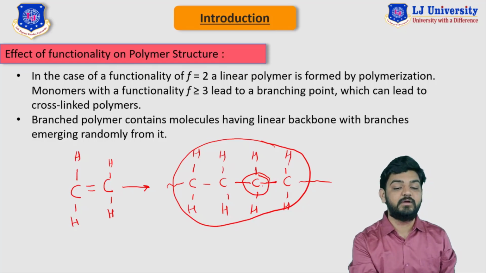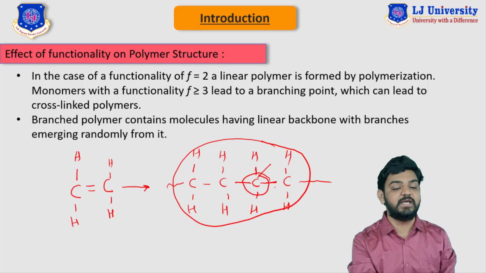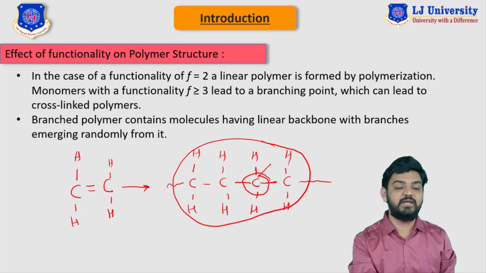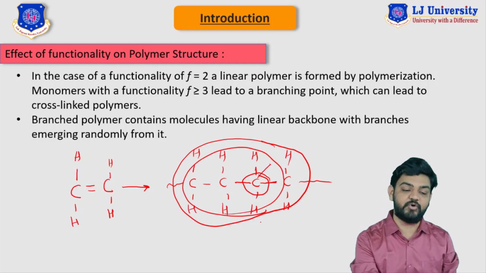To form a cross-linked polymer, it should be connected with one more functional group in one more direction. But as this ethylene molecule has only a functionality of 2, it can only form the linear polymer like this, or it can only form the branched polymer.